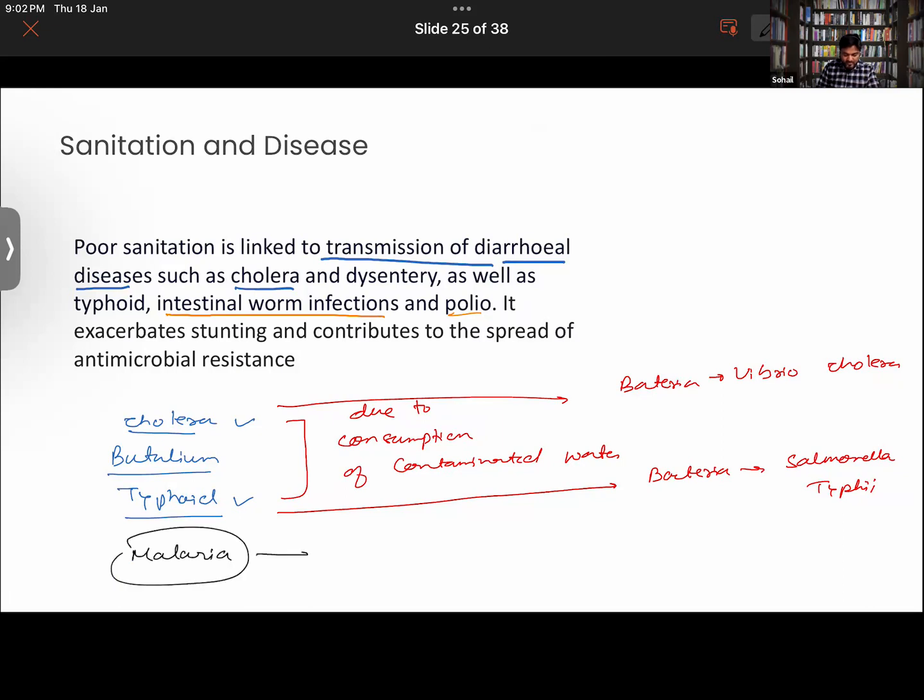Malaria is spread by a mosquito. Does anyone remember the name? Malaria is spread by the female Anopheles mosquito.